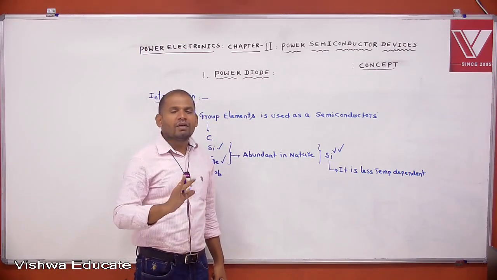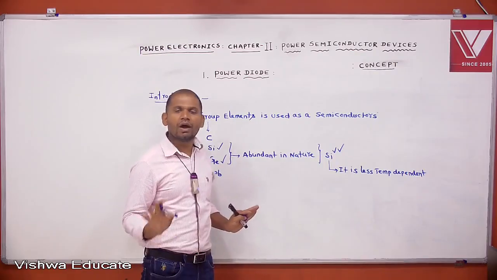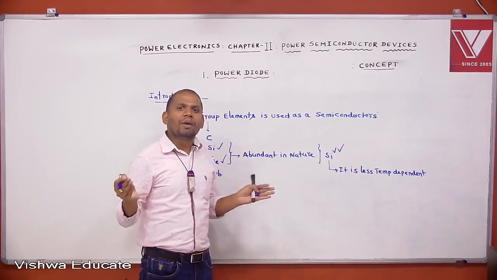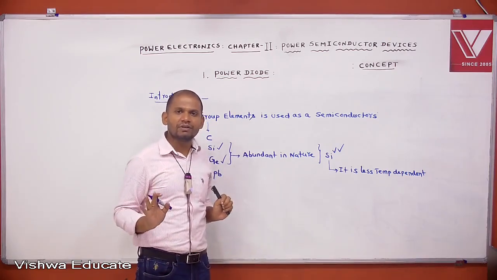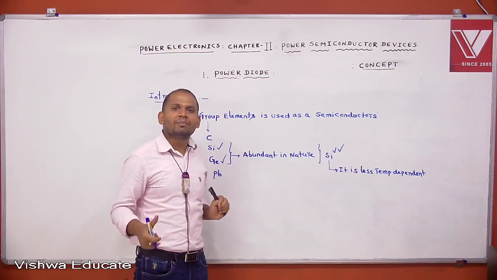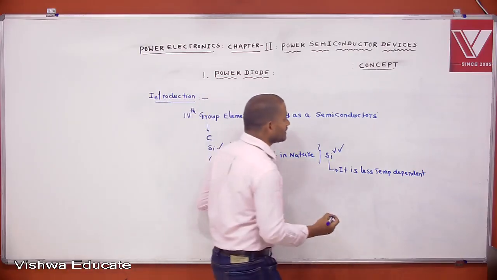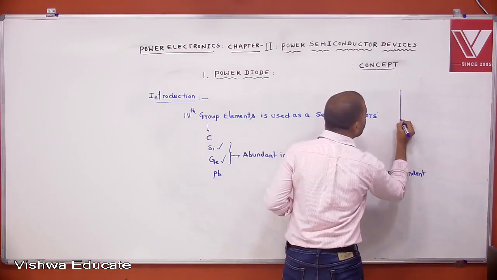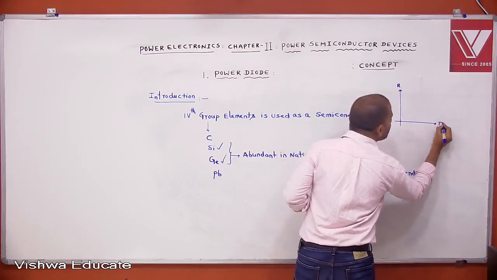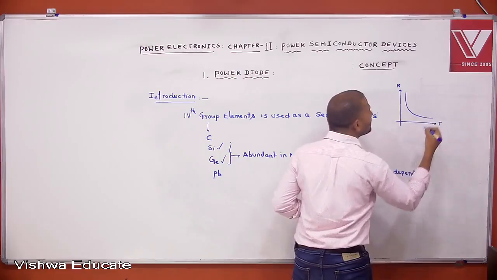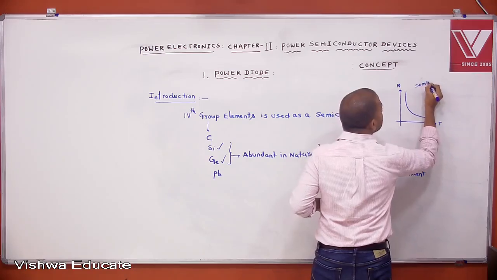We know that semiconductor devices in general have a negative temperature coefficient. They can also be designed with positive temperature coefficient by making some alloy, but generally semiconductors have negative temperature coefficient. Negative temperature coefficient means if the temperature increases, then resistance reduces. If you draw the resistance versus temperature characteristics, in semiconductors we get a characteristic like this.